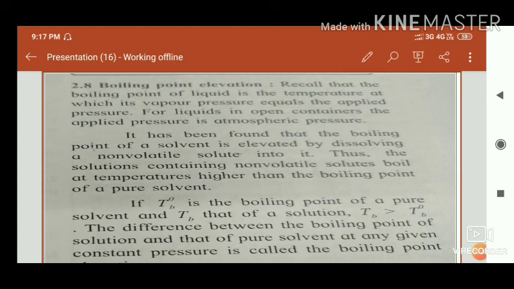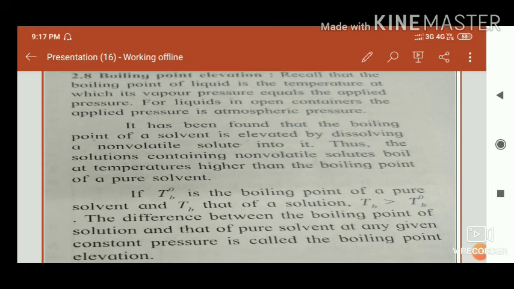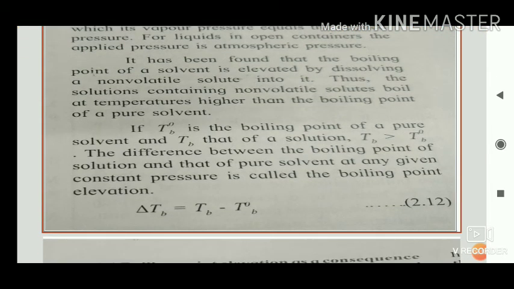Now the difference between the boiling point of solution and that of pure solvent at any given constant pressure is called the boiling point elevation, and it is given by the expression delta TB, that is the difference between the boiling point of solution and the boiling point of pure solvent. Delta TB equal to TB minus TB naught.